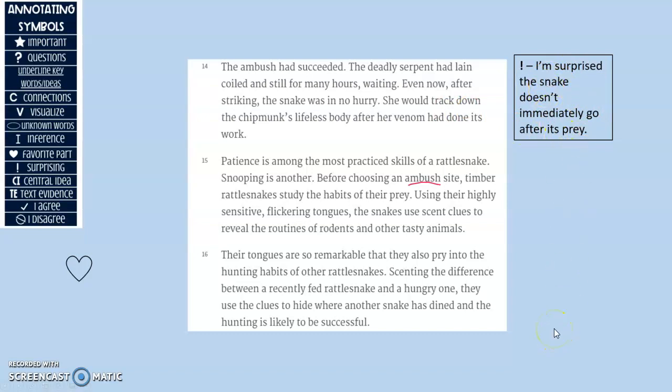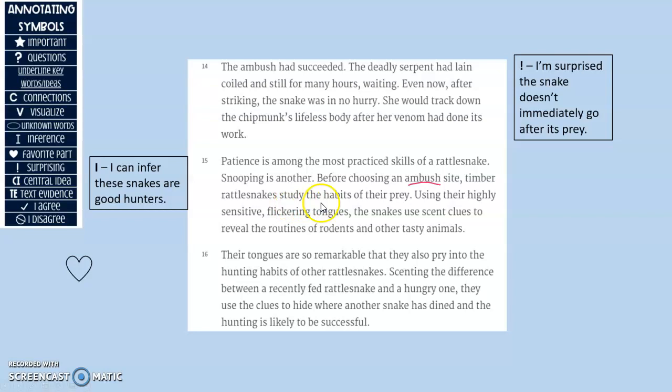Patience is among the most practiced skills of a rattlesnake. Snooping is another. Before choosing an ambush site, timber rattlesnakes study the habits of their prey. Using their highly sensitive flickering tongues, the snakes use scent clues to reveal the routines of rodents and other tasty animals. I can make an inference here that they must be really good hunters because it uses the word ambush, which I underlined as an important word, a keyword.